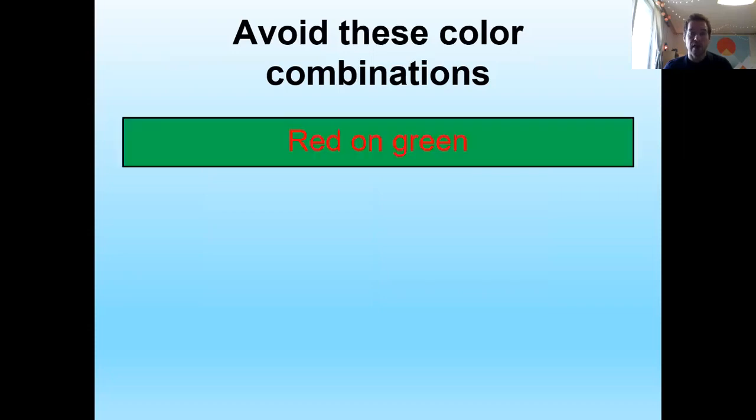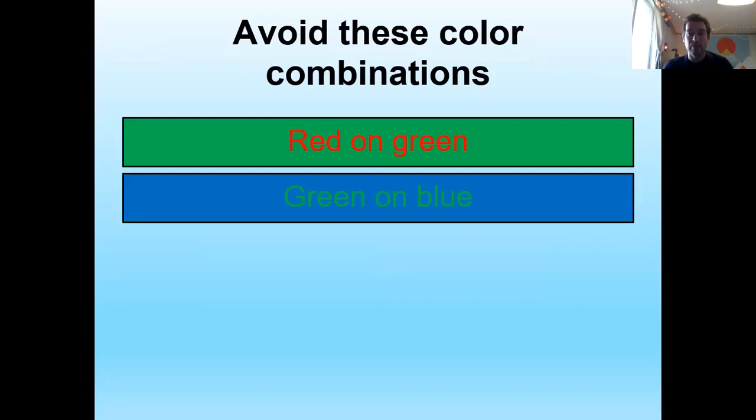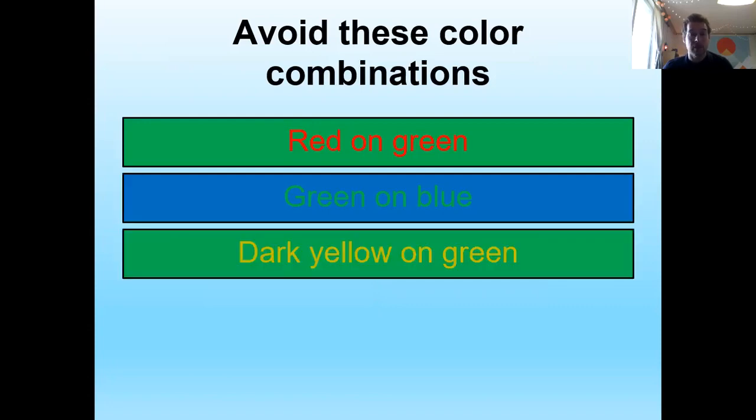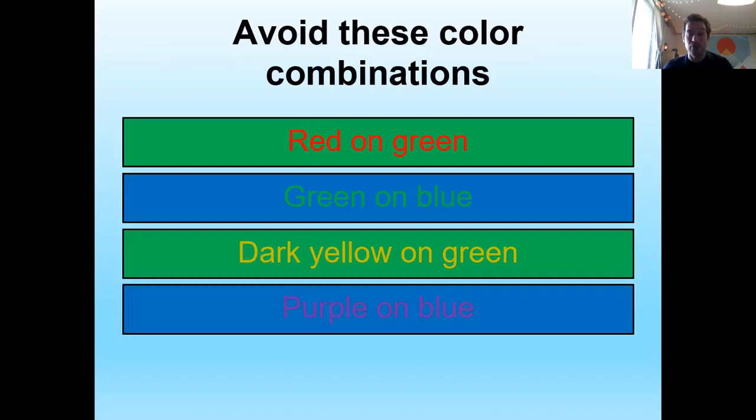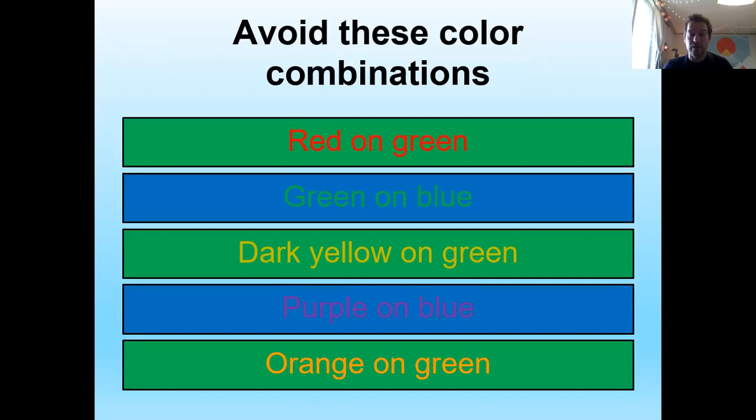Also, try avoiding these color combinations. Red on green, it's just not visually pleasing. It's not easy to read. Green on blue, same thing. Dark yellow on green, same thing. Purple on blue, kind of hard to read. And orange on green. So try to avoid these color combinations.